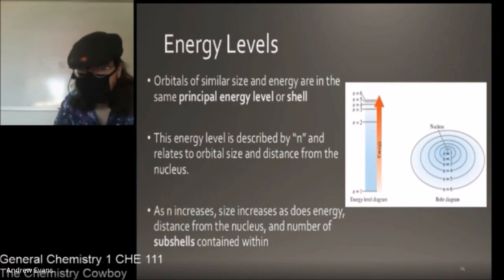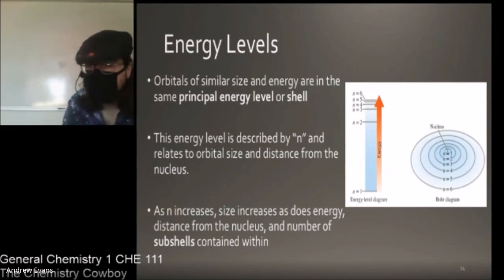Now, when we look at these shells, you can think of this like a Russian nesting doll, where each shell is inside the previous shell, and it's a little bit smaller, a little bit smaller, and a little bit smaller. But as we move out on these shells, we're getting higher and higher energy, but a smaller and smaller difference between the energy levels.